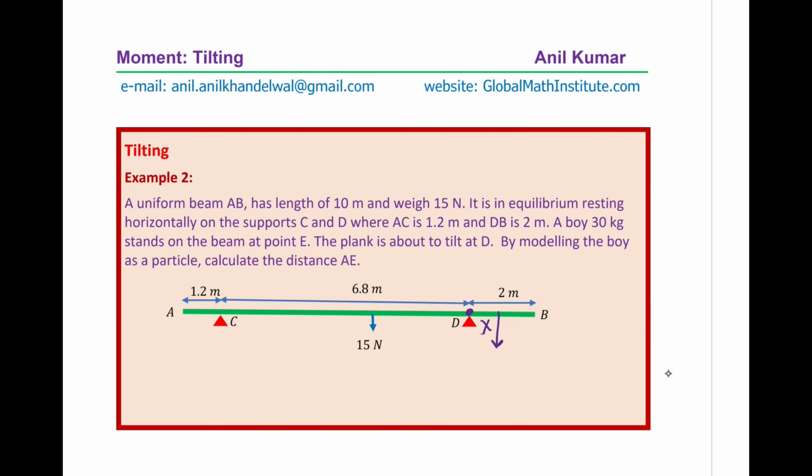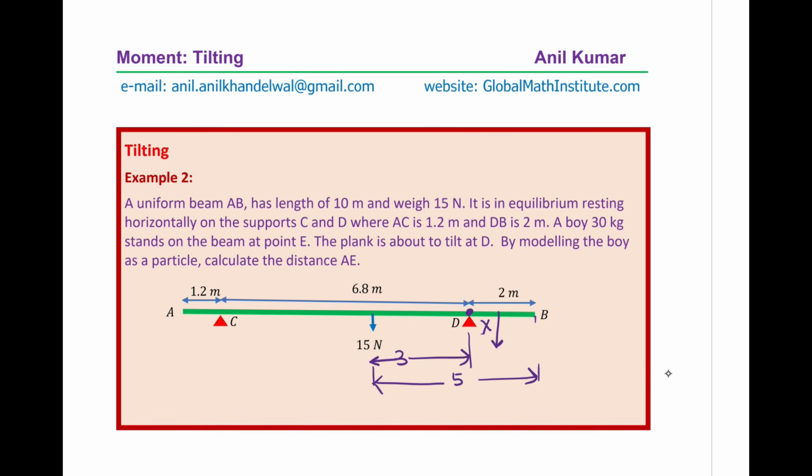Now moments at point D, from this diagram it is very clear. Since this is the center point and the total length was 10, this is 5, correct? 2 is already there, that means this distance is 3.